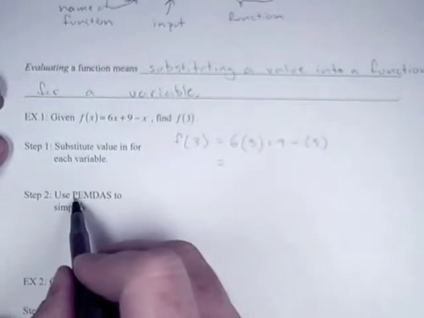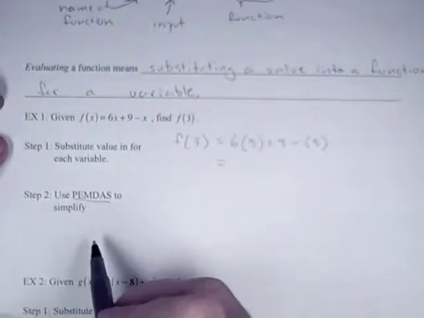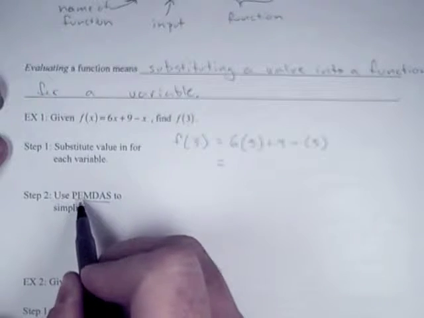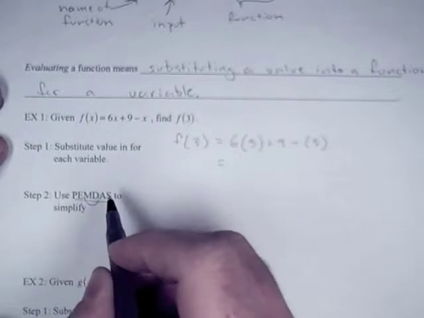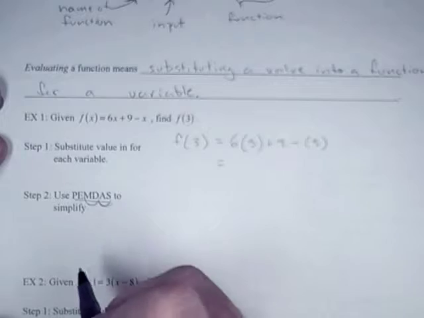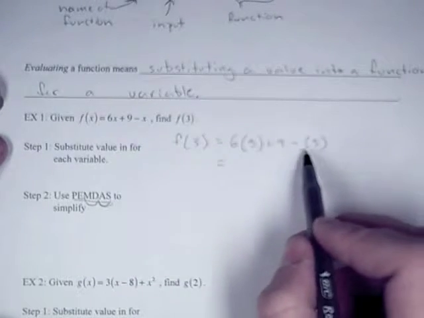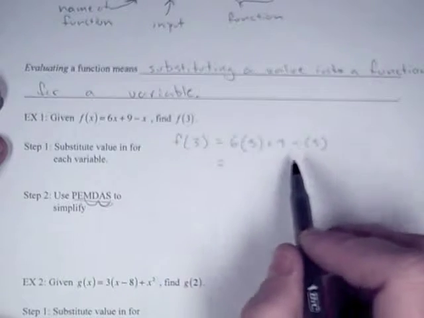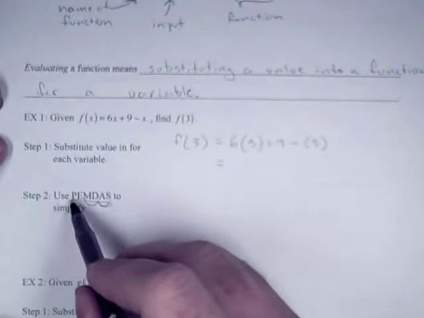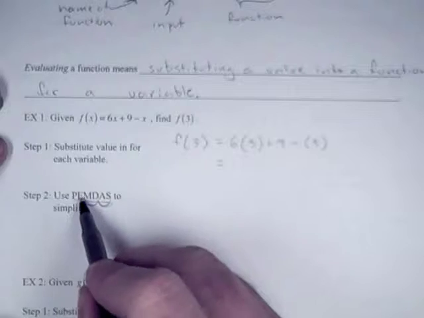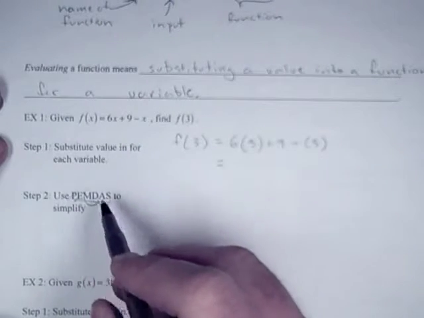Then we're going to use PEMDAS to simplify. Remember that's parentheses, exponents, multiplication and division, and then addition and subtraction. So parentheses, while there are parentheses here, we don't need to simplify anything inside the parentheses, so we don't need to use the P. Exponents, there are no exponents.